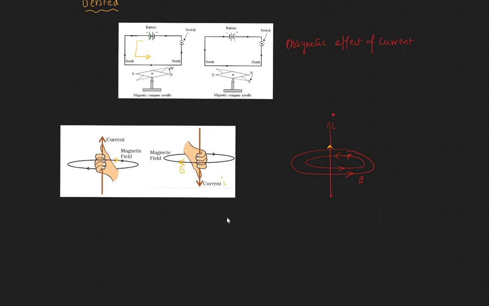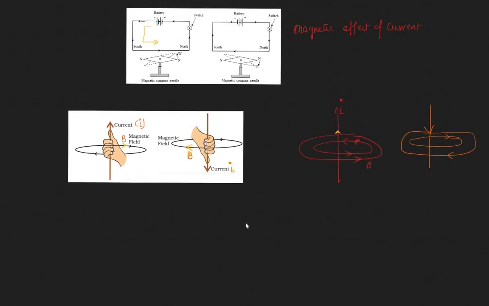That's how you can find out the direction of the magnetic field, which is usually denoted by B. So if the current is in this direction, then the magnetic field is given by these loops.